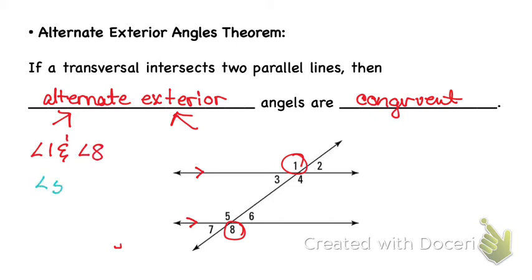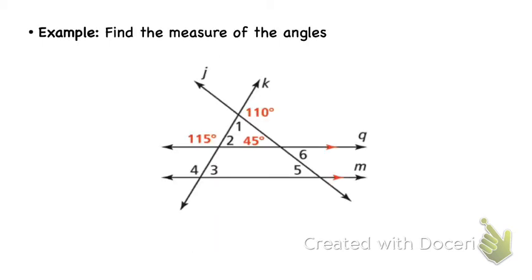And angle 7 and angle 2. So I have two examples, and we're going to use those reasoning. We're supposed to find the other angles.